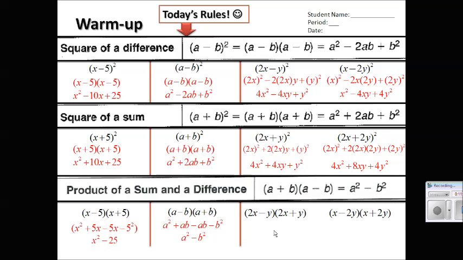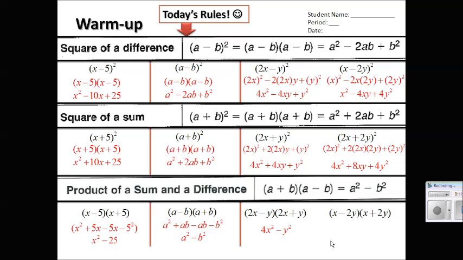Alright, this is the easiest one. Product of a sum and difference. Notice that this and this are the same. This and this are the same, so it meets my rule. A plus B, A minus B. Well, I can skip straight to the end. A is 2x, so 2x squared, minus B is, in this case, y squared.